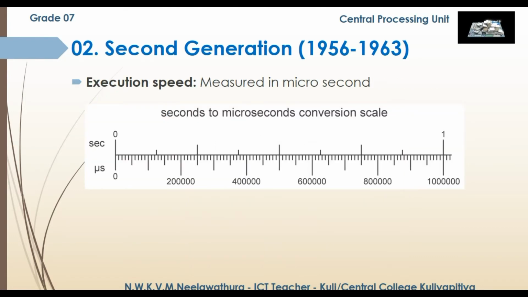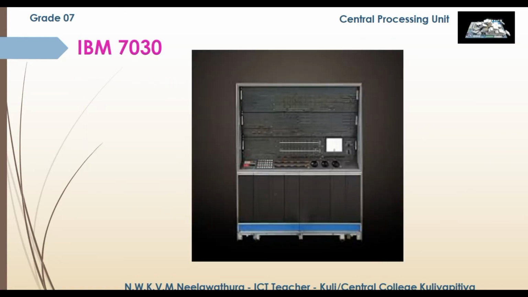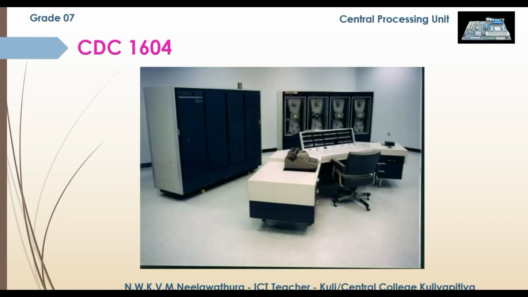Execution speed measured in microseconds. Cost: it cost a lot for purchasing. Examples for the second generation computer: IBM 7030, CDC 1604.